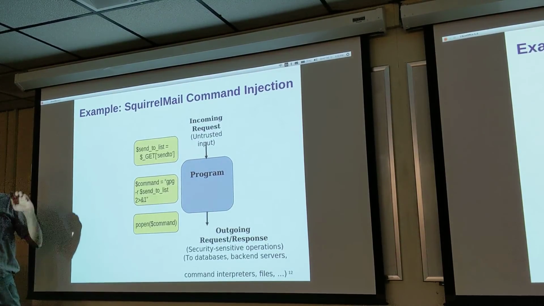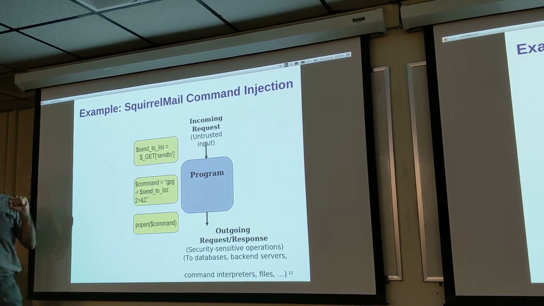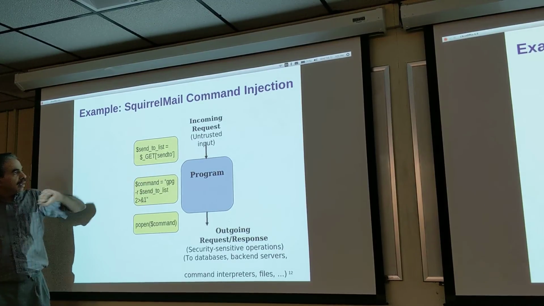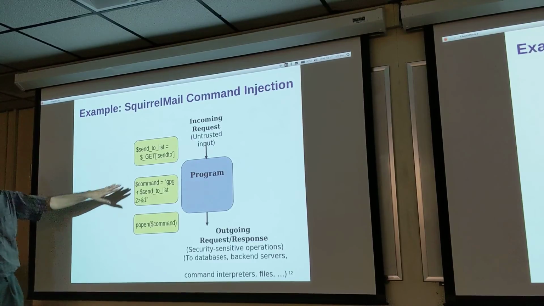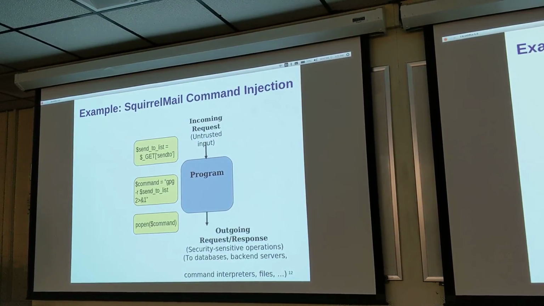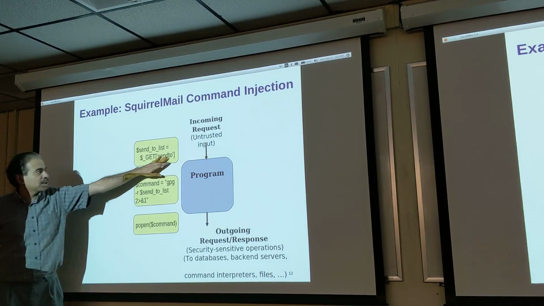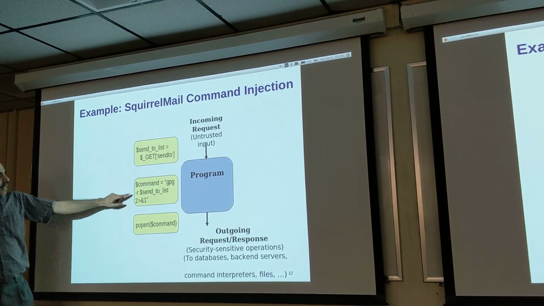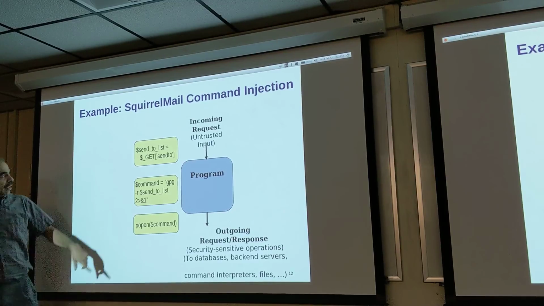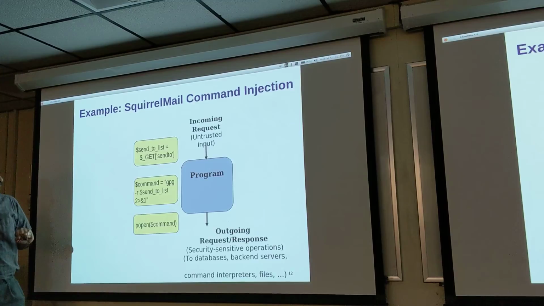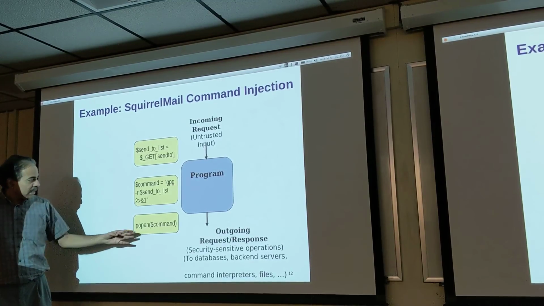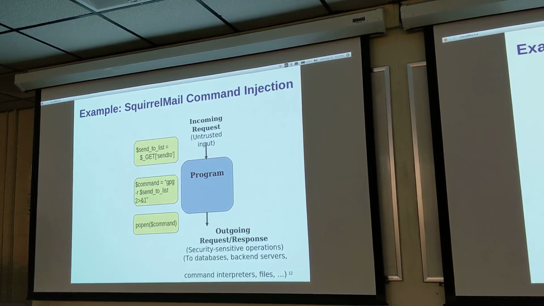I showed you a form field that could be part of the URL that the browser submits, and that form field is extracted in PHP using this kind of function call, _GET, which is a special function which gets you this. Then it constructs a string using this variable that is obtained by parsing that form field, and then it uses it. These are all details that we already saw. I'm just showing you here.